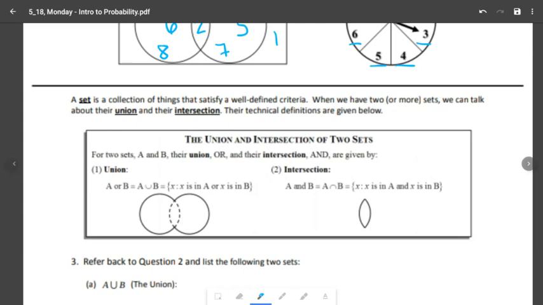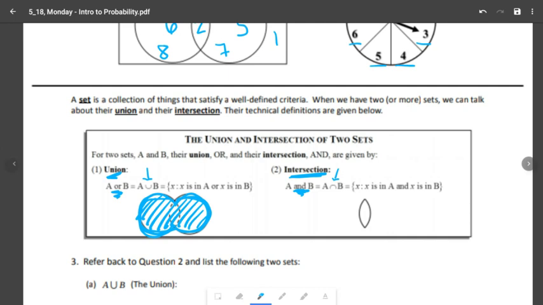Their union, we use the word or to represent union, or the symbol that looks like a giant U. This means everything that is in A or B, just anything that fits within at least one of those 2 circles or both.